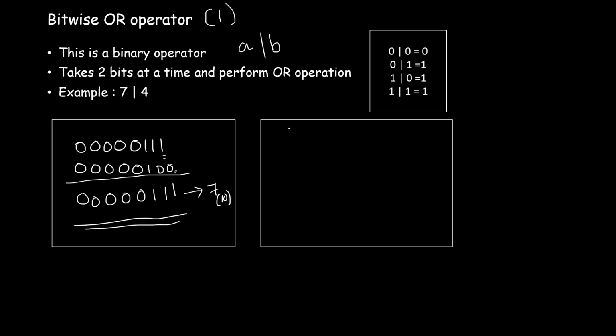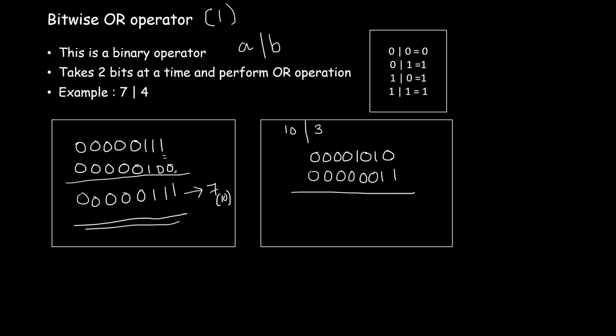Let me perform a bitwise OR operation between 10 and 3. Alright. So 10 is represented as 0, 0, 0, 1, 0, 1, 0 and 3 is represented as 1, 1.